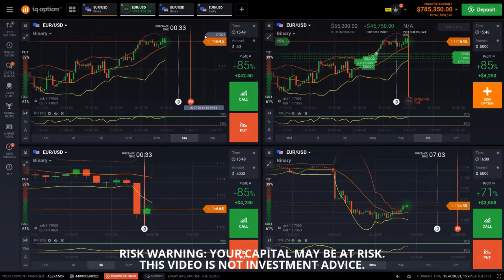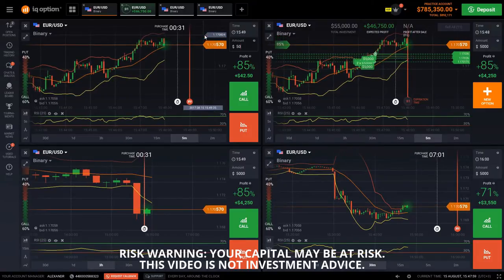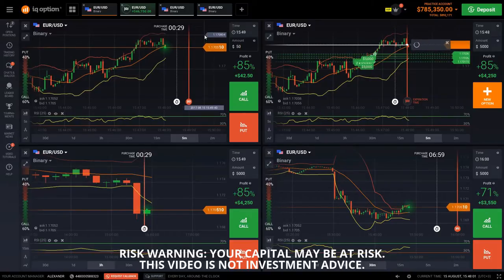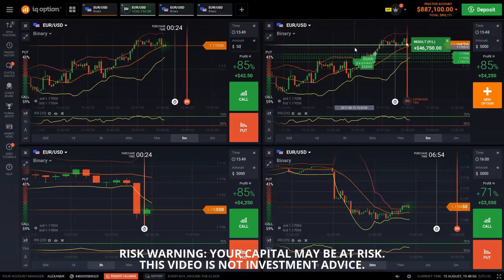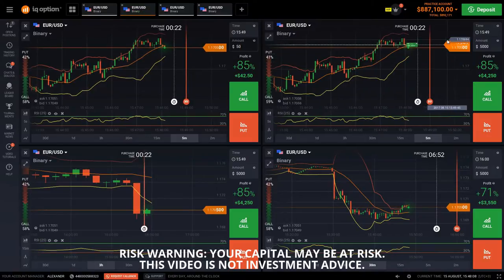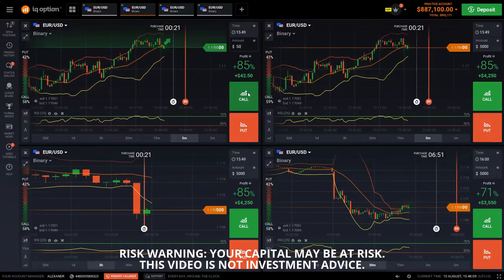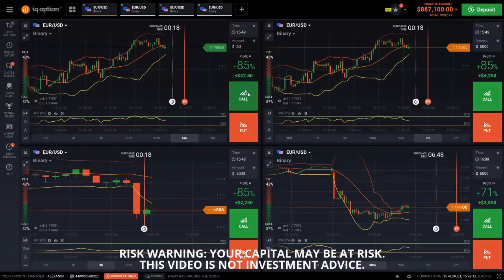The signal was when on the 30-second chart, the candle reached the top Bollinger Band, and also the 30-second chart is not quite neutral. It has a little upper trend.